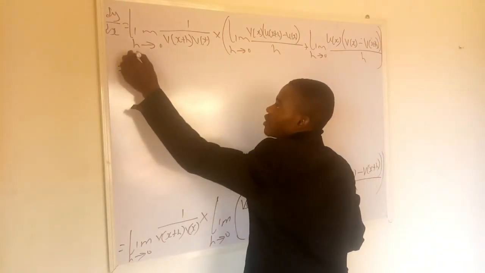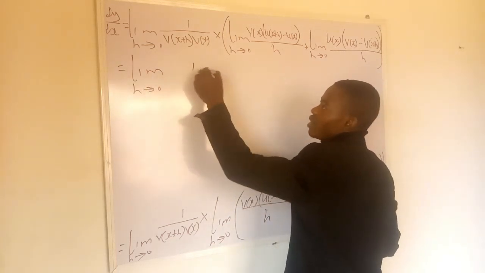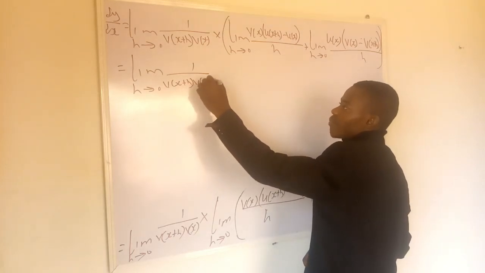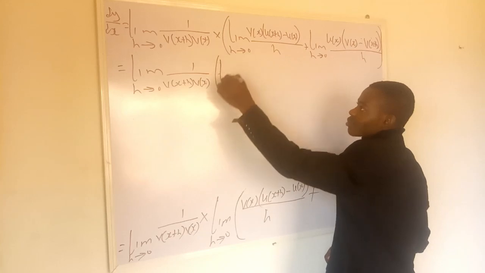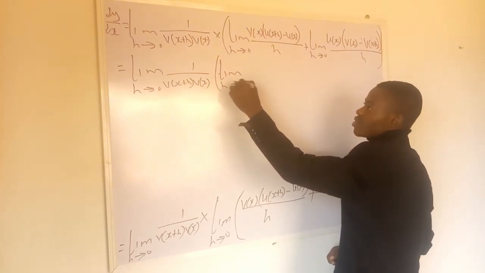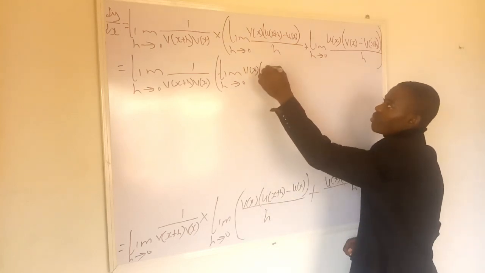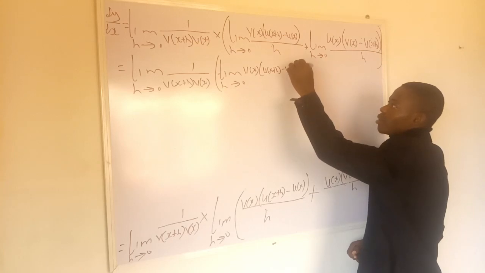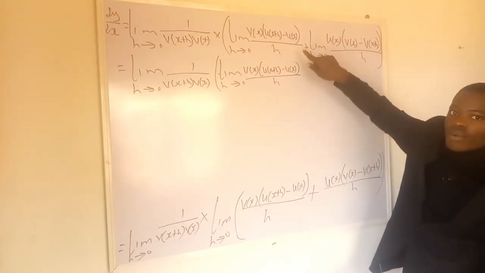So now we have dy/dx equal to the limit as h approaches 0 of 1 divided by v of x plus h times v of x, then multiplied by the limit as h approaches 0 of v of x times u of x plus h minus u of x, all divided by h.